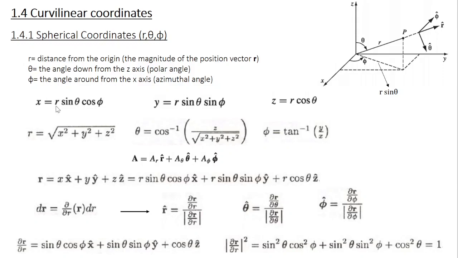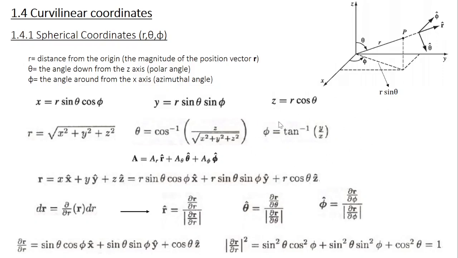Now take y by x. The r sin theta term is common, it cancels, so you have sin phi by cos phi, which is tan phi. So y by x equals tan phi, or phi equals tan inverse y by x. So this is the relation between x, y, z coordinates and r, theta, phi coordinates.